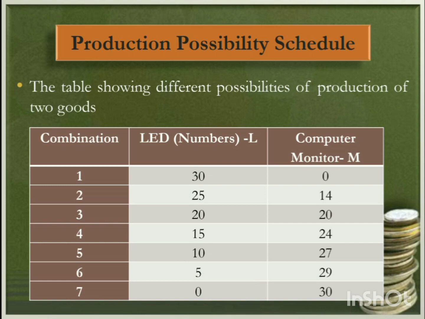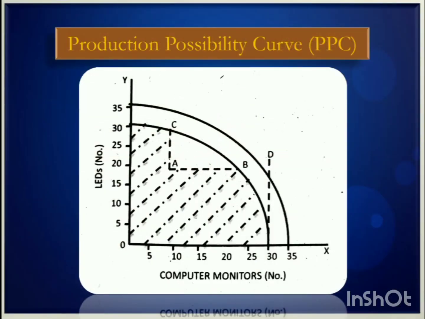Production possibility schedule is a table showing different possibilities of production of two goods. The figures in the table show that all the productive resources of the country put together can produce a maximum of either 30L or 30M or some other combinations thereof. The production possibility schedule can be illustrated in the form of production possibility curve.